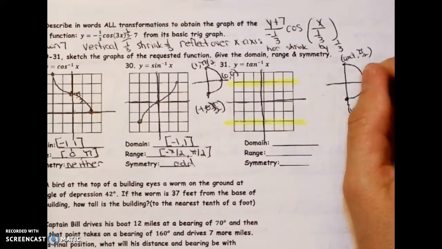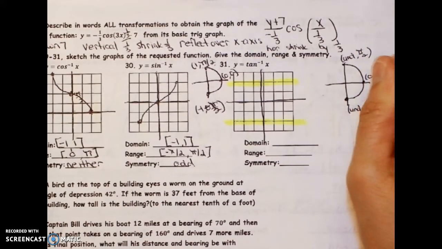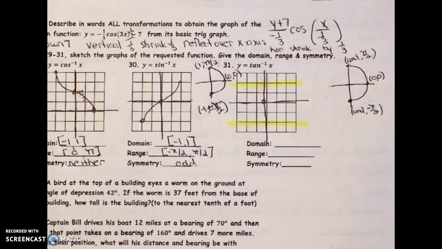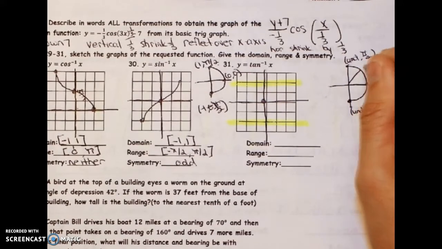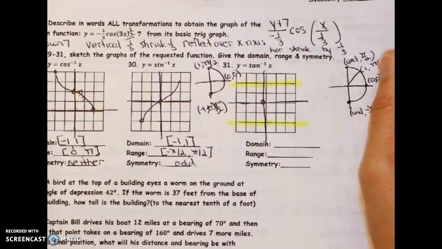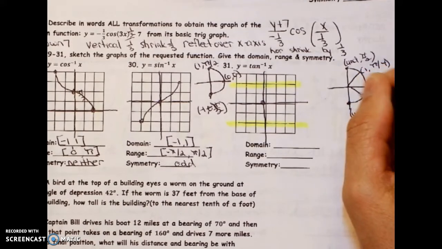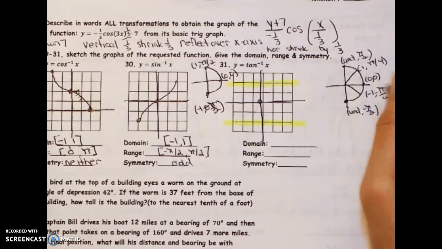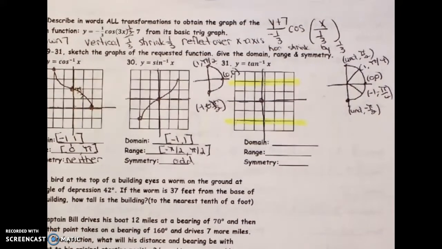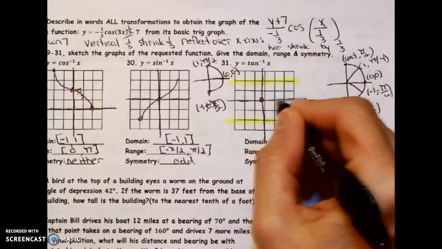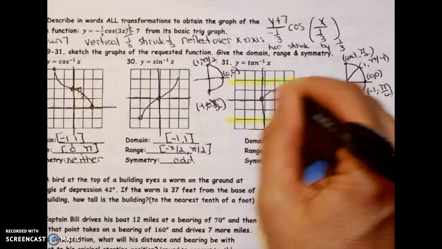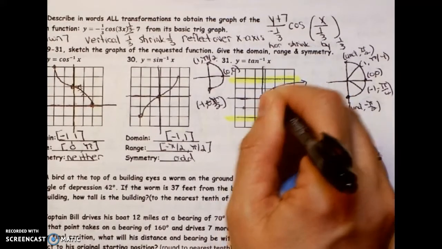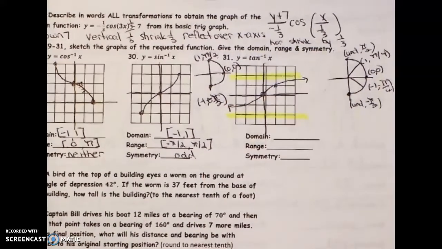If I go to this point right here, my tangent is 0, and I've got a rotation of 0, but that's certainly not enough. My tangent right in here is 1, and that's a rotation of pi over 4. My tangent here is negative 1, and that is a rotation of negative pi over 4. So I'm going to go out 1, up pi over 4. I'm going left 1, down pi over 4, and we're good.